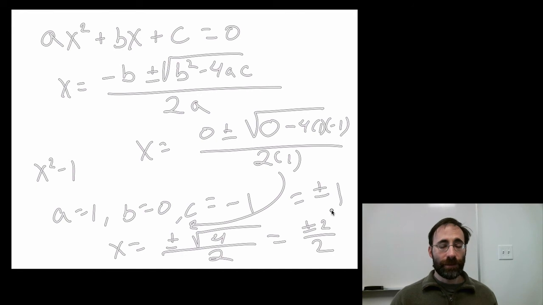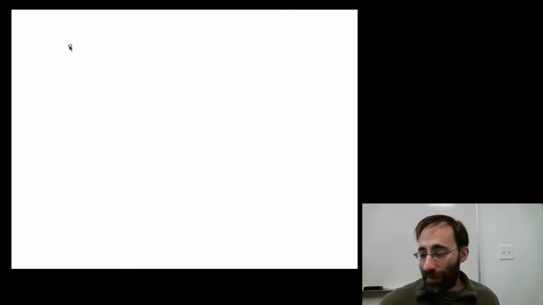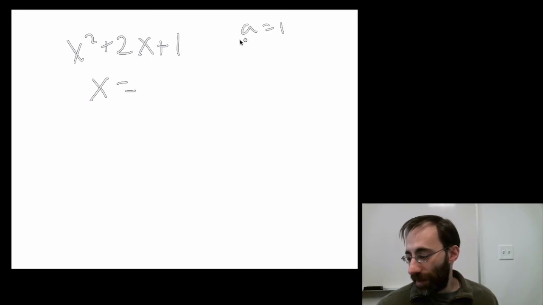And just to be absolutely complete, if we have x squared plus 2x plus 1, then if you plug it in, a is 1, b is 2, and c is 1.